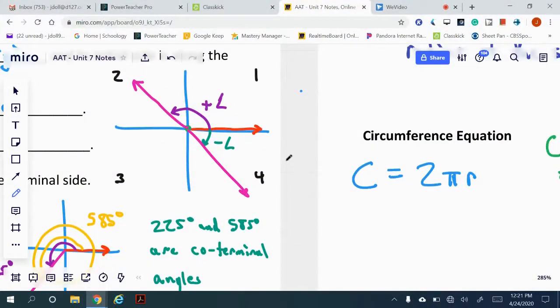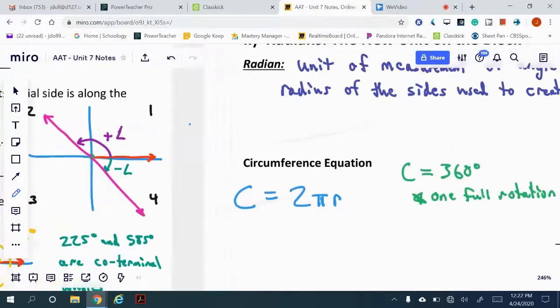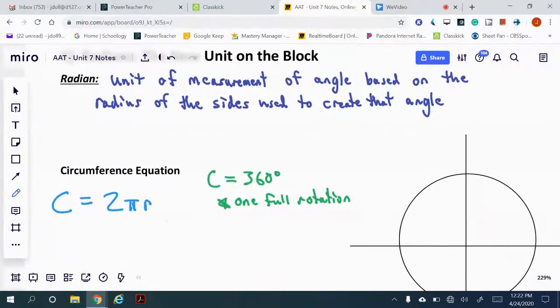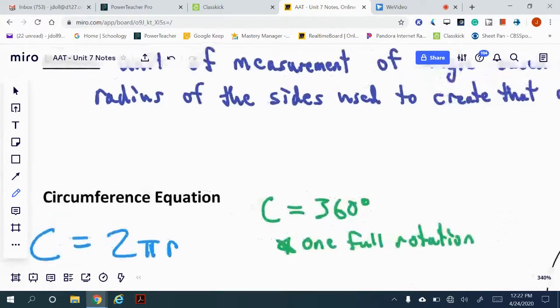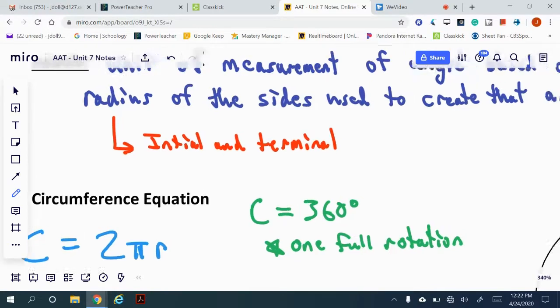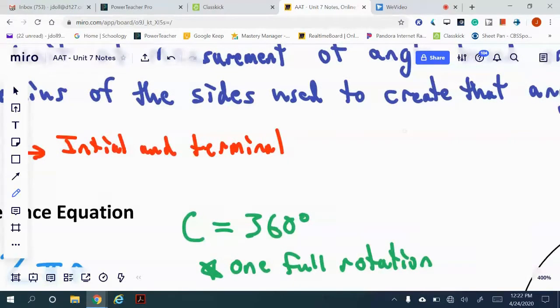Now, when we worked with our angles previously, guys, we thought of these as a ray, right? A ray has no end, so we really can't measure it. So what we're saying is radians come when the radius, when that initial side and the radius, guys, would essentially be our initial and terminal sides of our angles. And so what we're saying is we can measure something in radians if we put a limit and treat that initial and terminal side as a segment and not a ray.